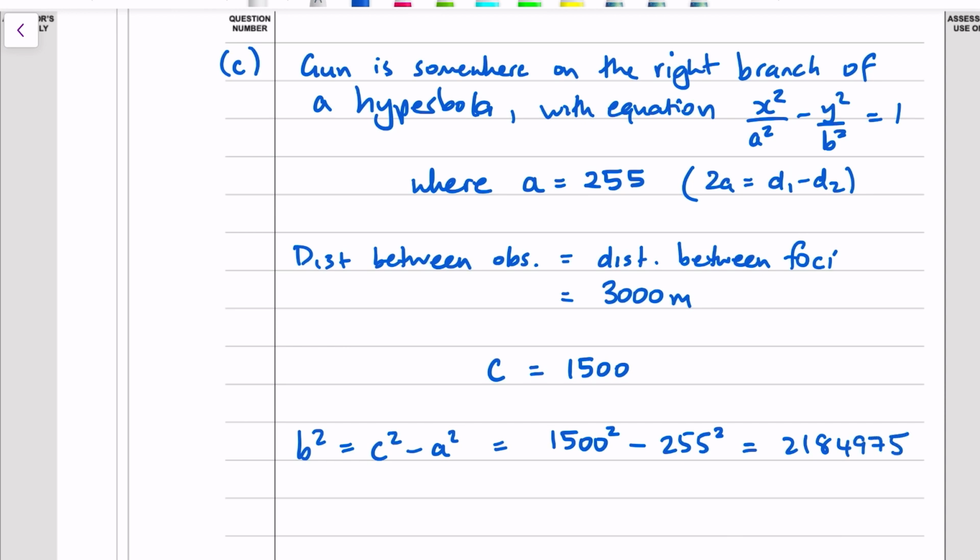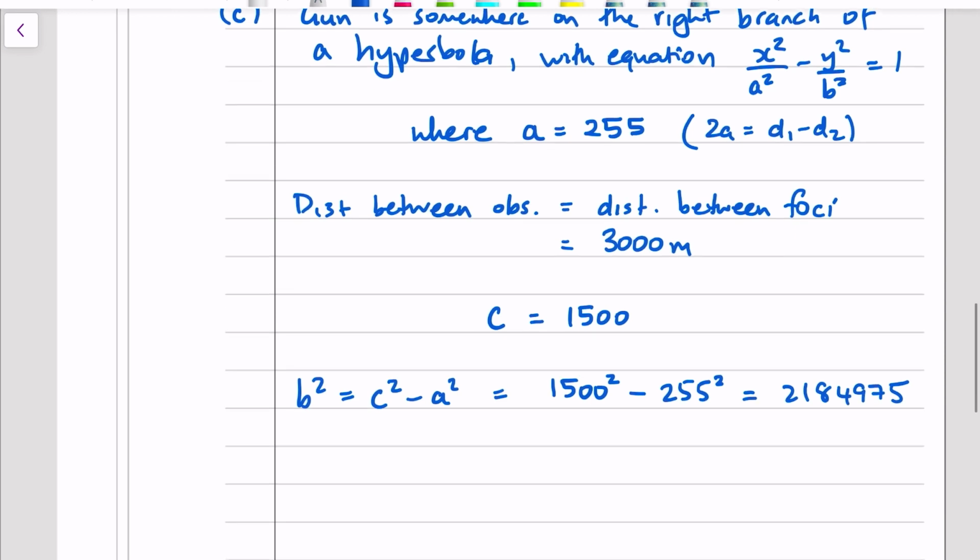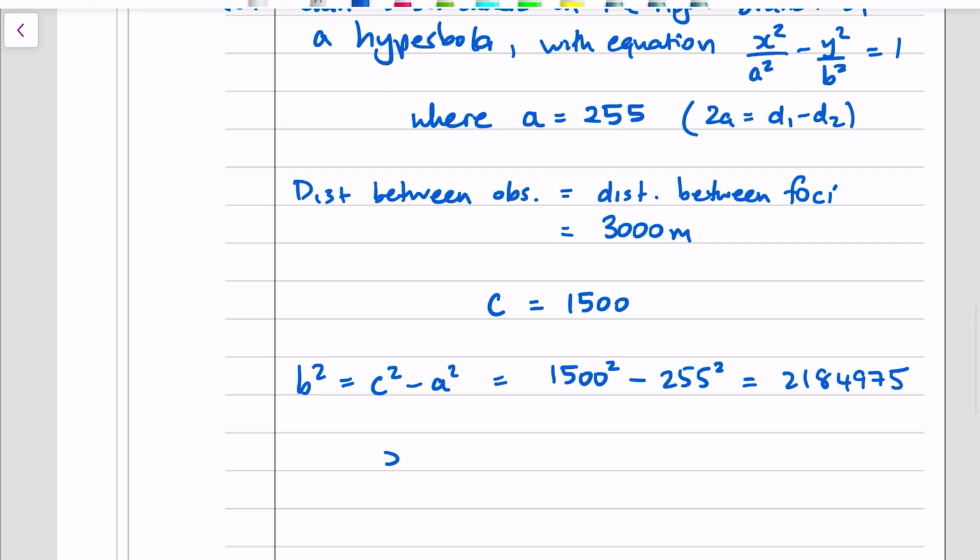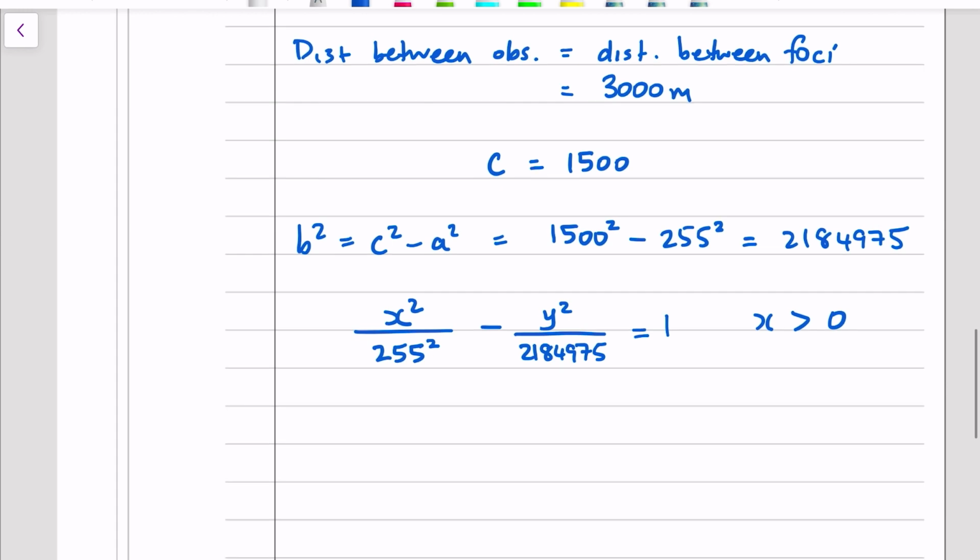I don't need to find the square root of that because I just wanted B squared. Okay, therefore my equation, x squared over 255 squared minus y squared over that number equals 1. And I can say where x is greater than 0, because we know that the gunshot must be closer to observer 1 than observer 2.